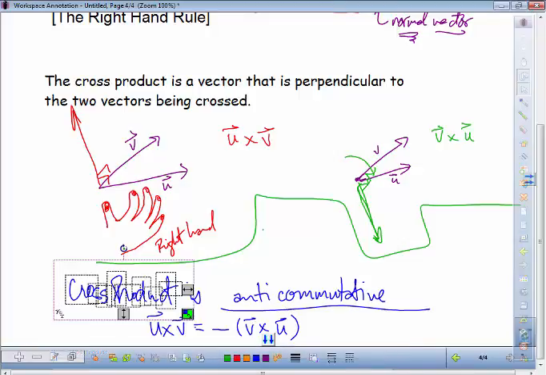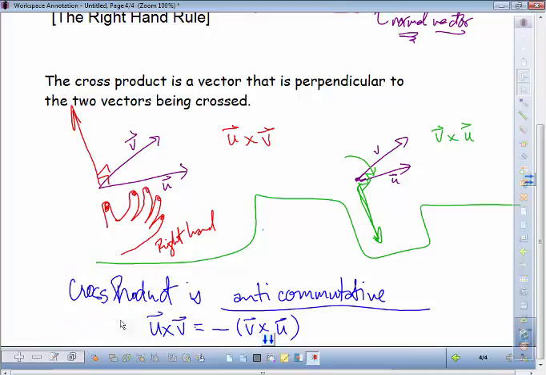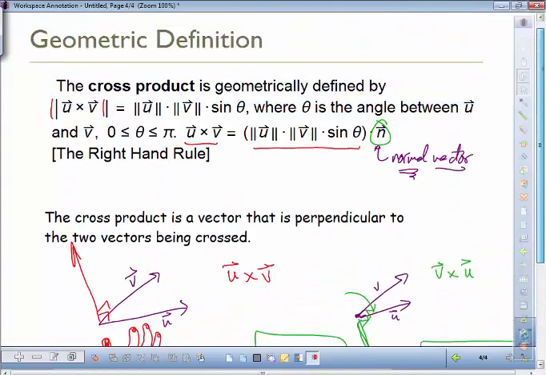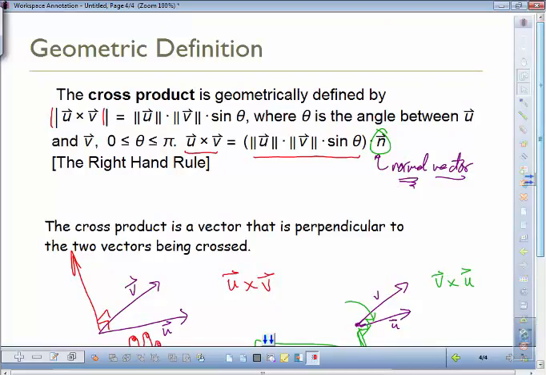Can I change this? It says cross product here. You guys are learning to read my writing, right? Well, hopefully by the end of the semester you can at least be able to read 50% of my work.